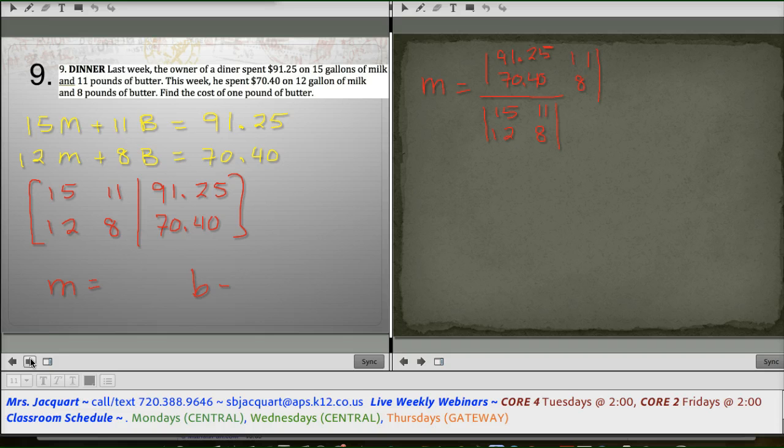Then I'll go ahead and do the b column as well. This one is 15, 12, and this is 91.25 and 70.40, all over 15, 11, 12, 8. So let's work them out.